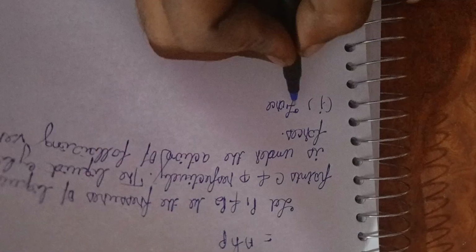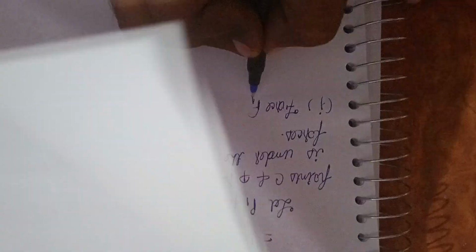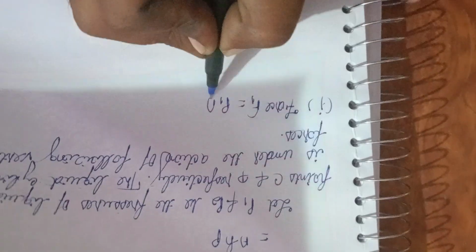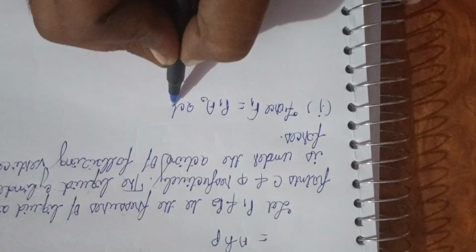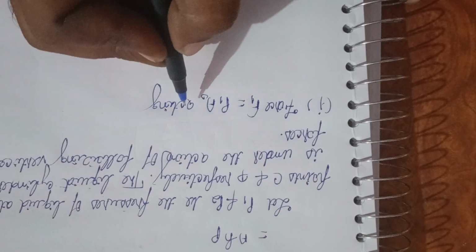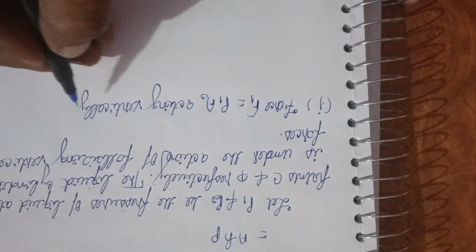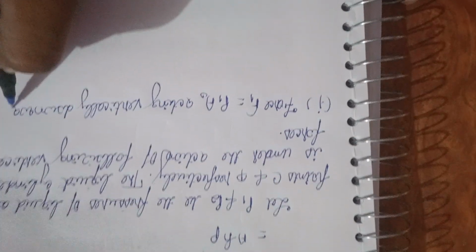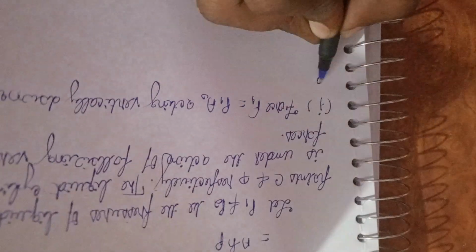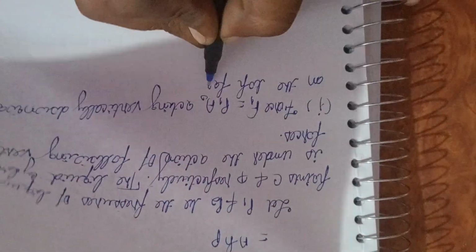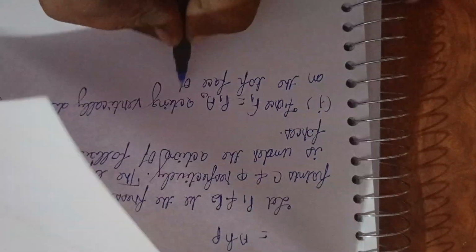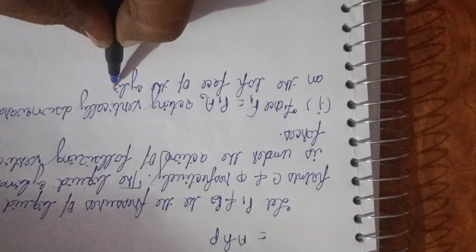First, force F1 is equal to P1 into A acting vertically downwards on the top face of the cylinder.